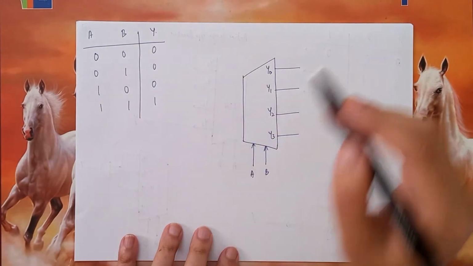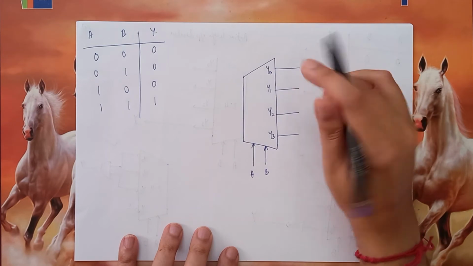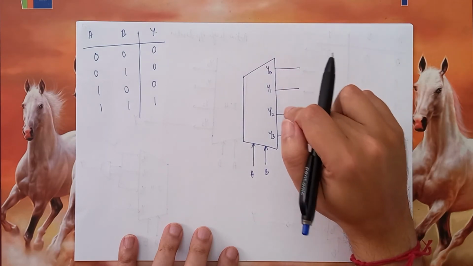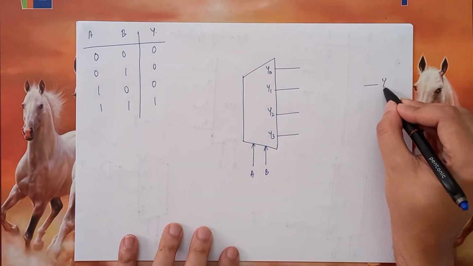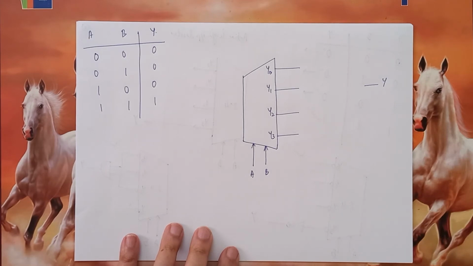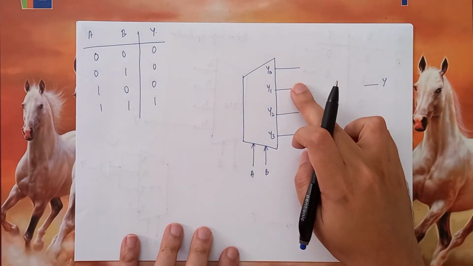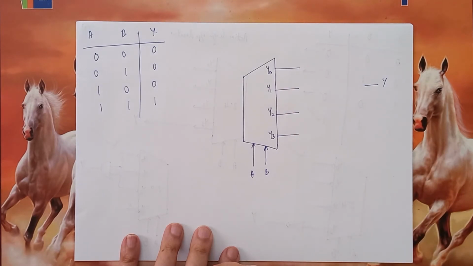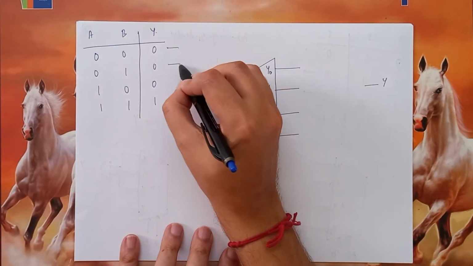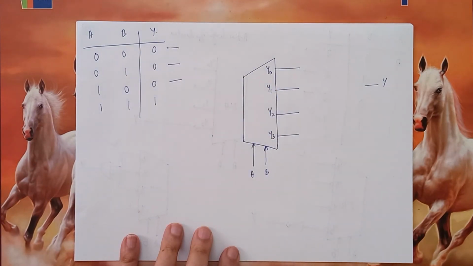So when A and B are 0 and 0, y0 is activated, y0 will be 1 and the others will be 0. When A and B is 0, 1, y1 will be 1, the others will be 0. And when A and B is 1 and 0, y2 will be 1. Now for these first three cases, y is always 0.